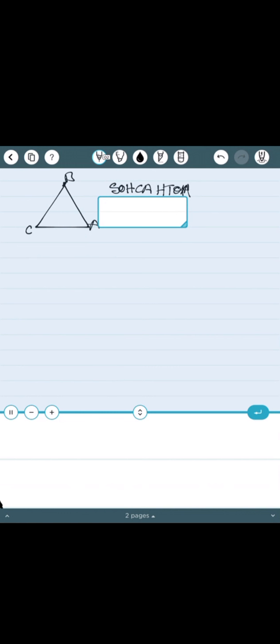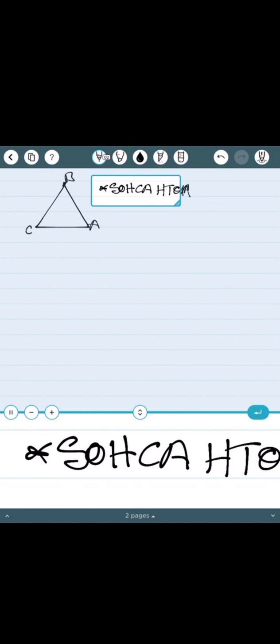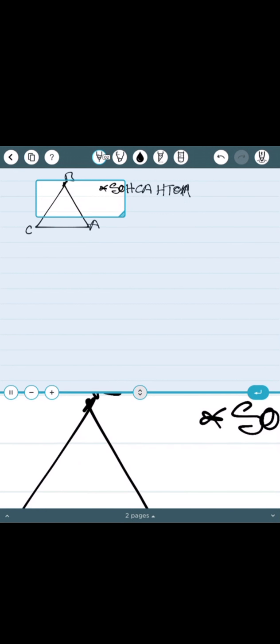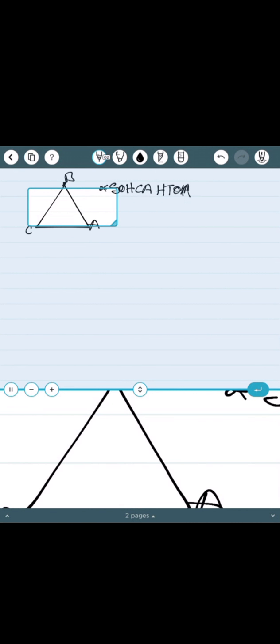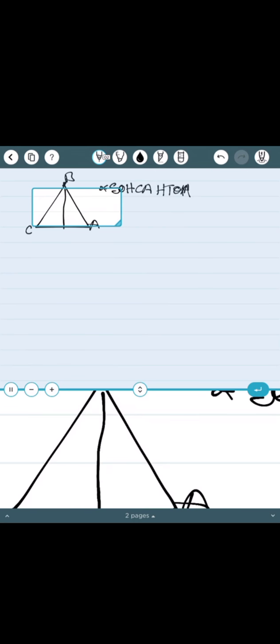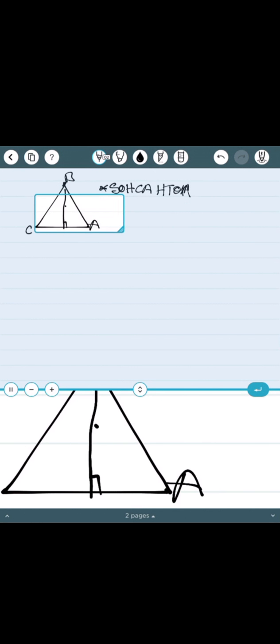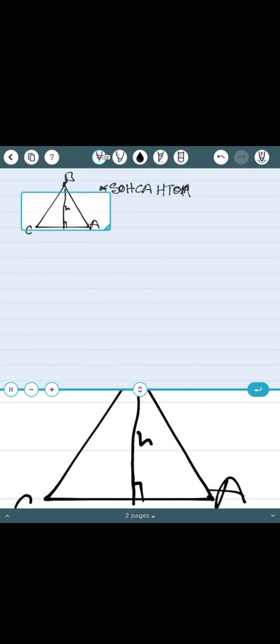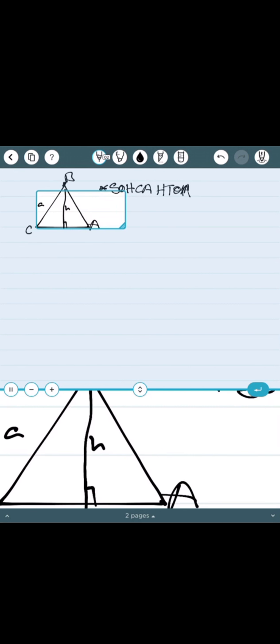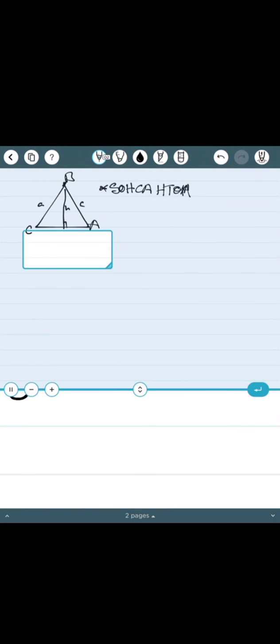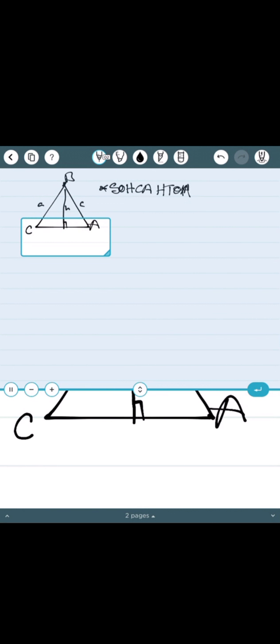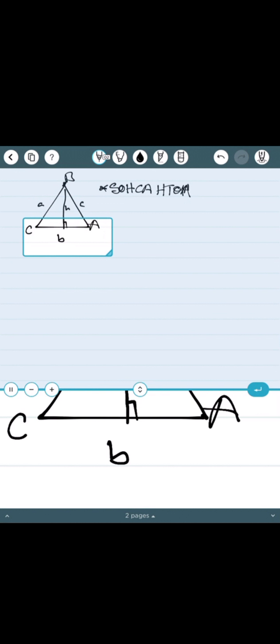So these are the trig ratios. So the main reason why we have to turn this into a right angled triangle, like I said, is that it is easier for us to work with. This one we can simply name H because it is the height. The opposite of A becomes A, the opposite of C, C, and the down part becomes B.